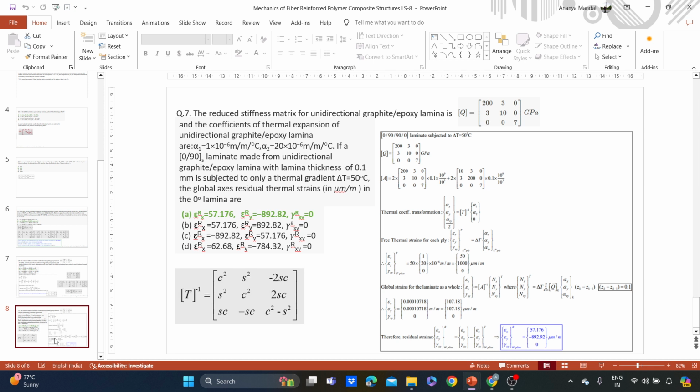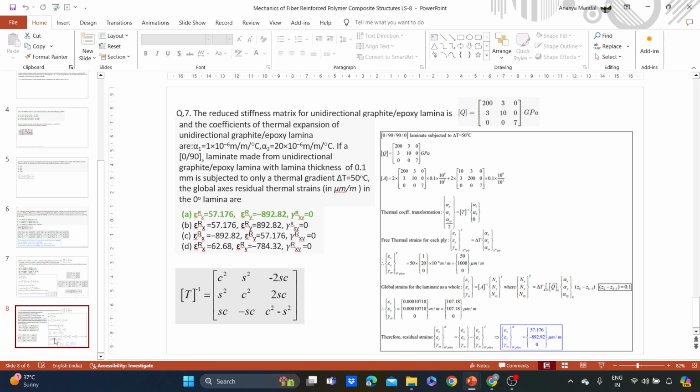So after getting that, previously you got the global strains.